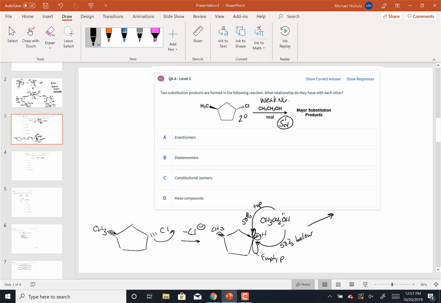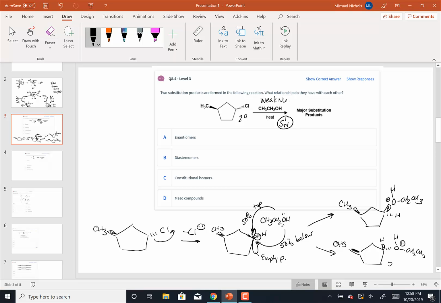And what that means then is that the first product that I'm going to get will have the oxonium ion above the plane of the ring because it added from above the plane of the ring, and the other product will have the oxonium ion having added from below the plane of the ring, and the hydrogen will be on the bold wedge.